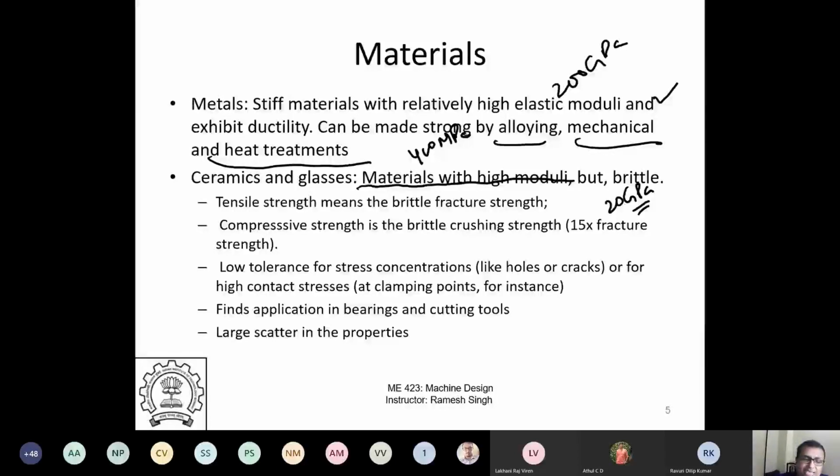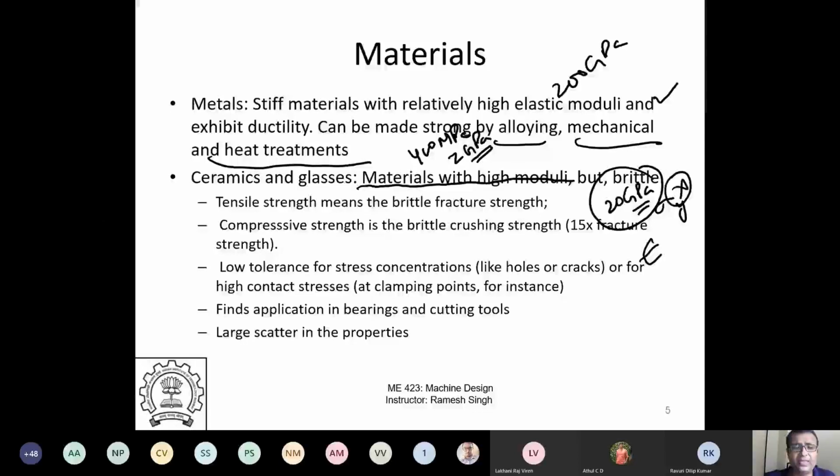The ceramics can be 20 GPa yield strength, but you put the load there and it will just break. There is no plastic deformation with ceramics, although they're very strong, and their E values can be much higher than metals, probably an order of magnitude higher.